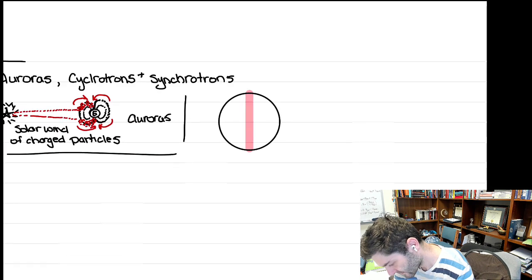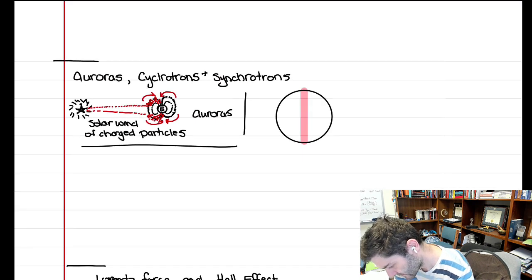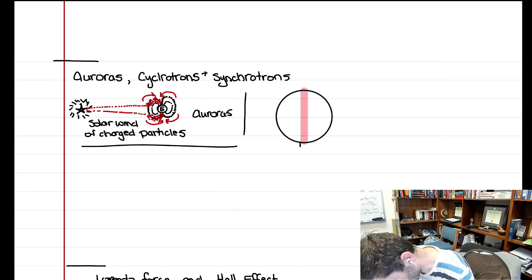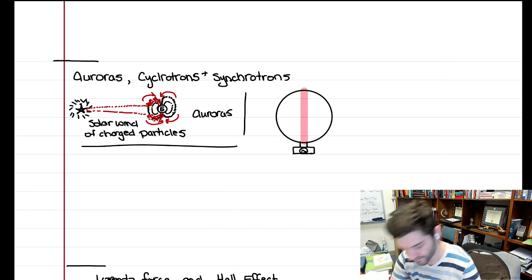And this thin region essentially is a little gap that is hooked up to an oscillating potential. I'll draw a little squiggle there.